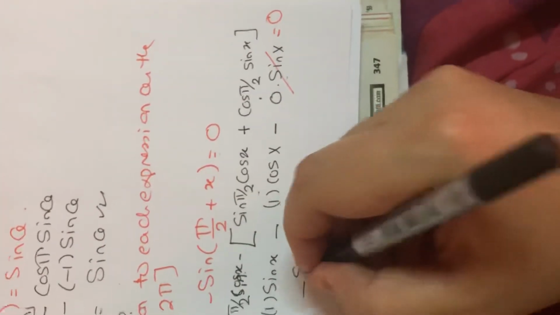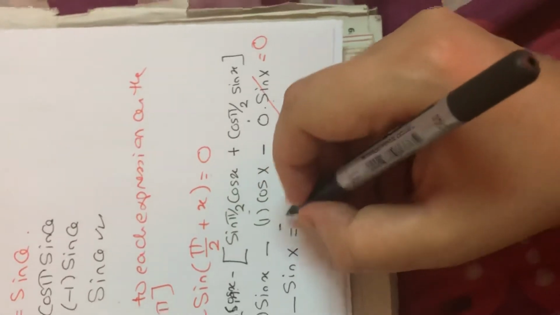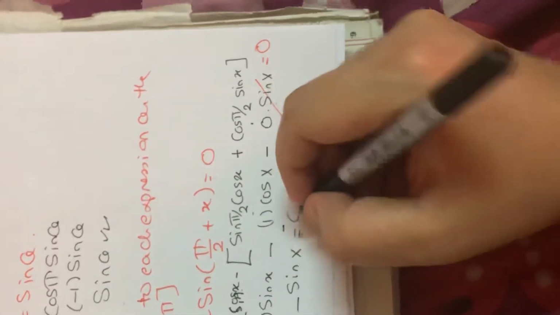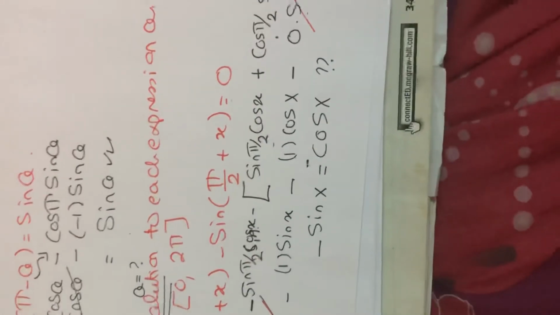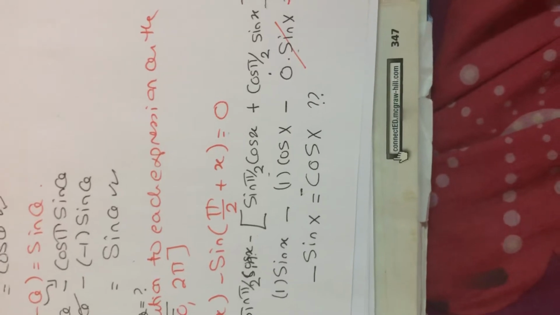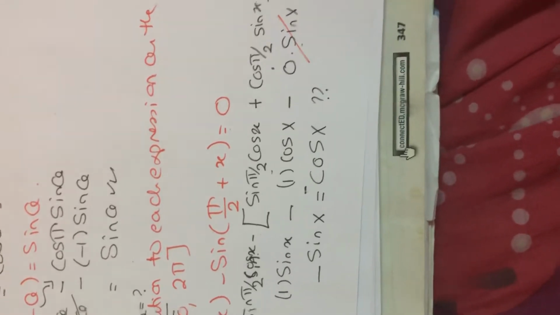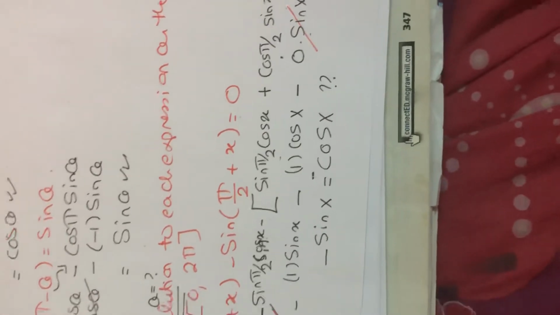Right, let's see how I can think of this question if I were you. The question is saying negative sine x is equal to, I'm going to send this to the right side, cosine x. What is this x in which negative sine x is equal to cosine x? Or sine x is equal to negative cosine x. It means when are the sine and the cosine of opposite signs.